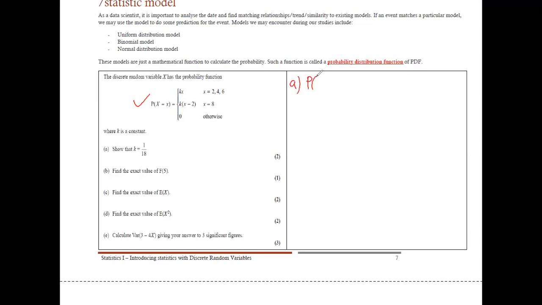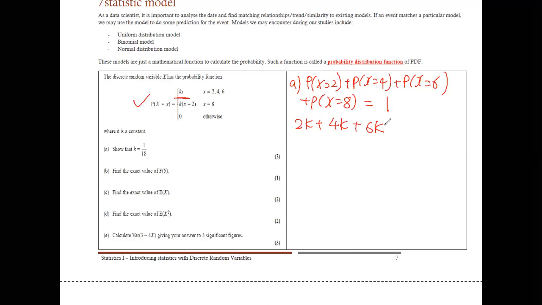So in this case, P(x=2) plus P(x=4) plus P(x=6) plus P(x=8) must give you 1. So for P(x=2), 4, 6, I must use the first one. So it will be 2k plus 4k plus 6k.